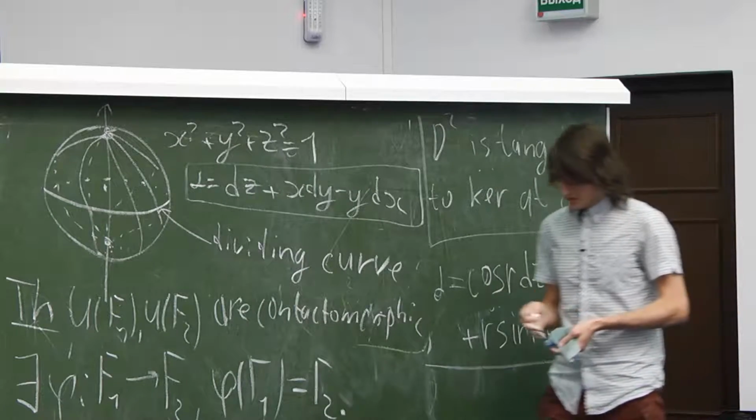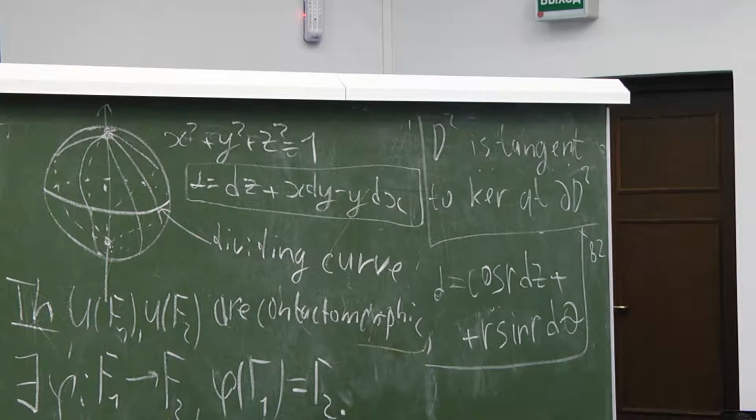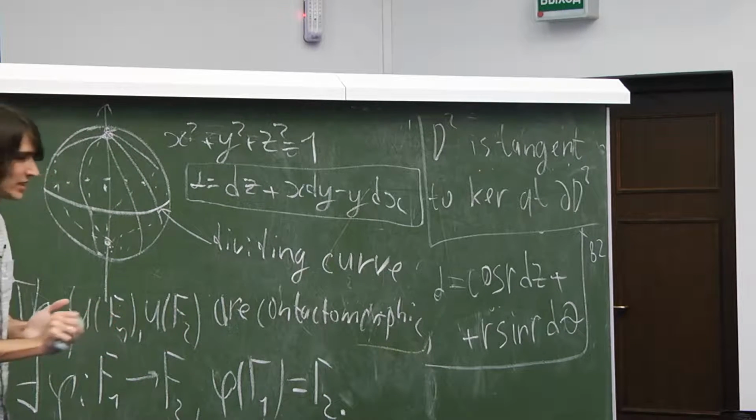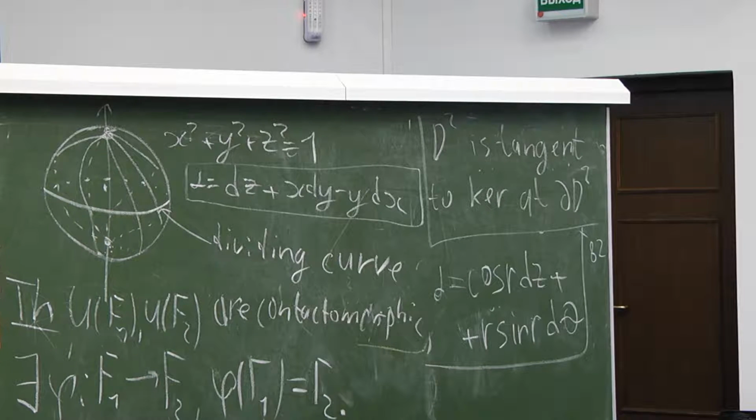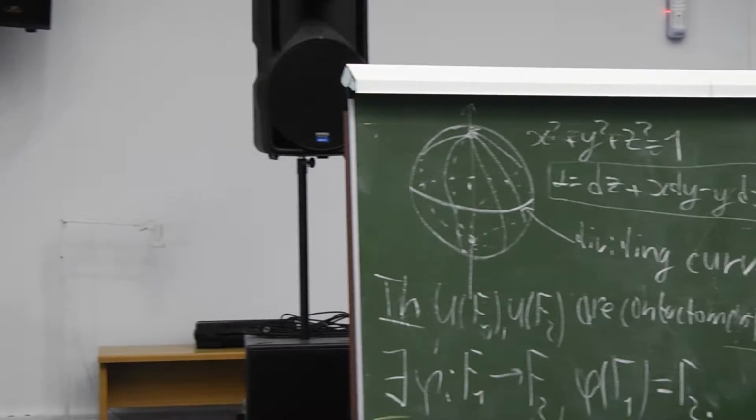So the consideration of surfaces in the contact manifold is useful to distinguish two contact structures. And we aim to distinguish some Legendrian knots using some similar considerations.